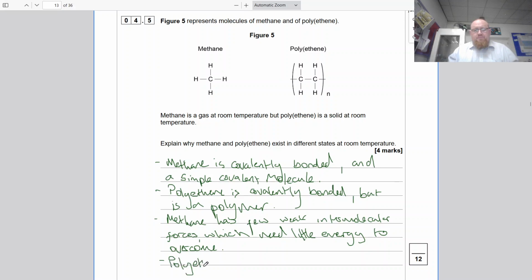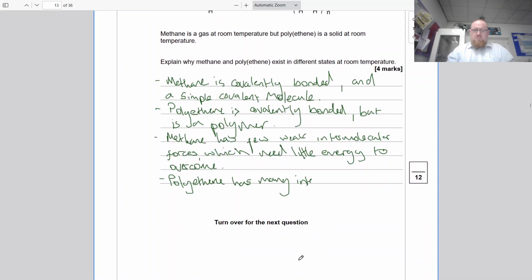Polyethylene has many intermolecular forces which take more energy to overcome.